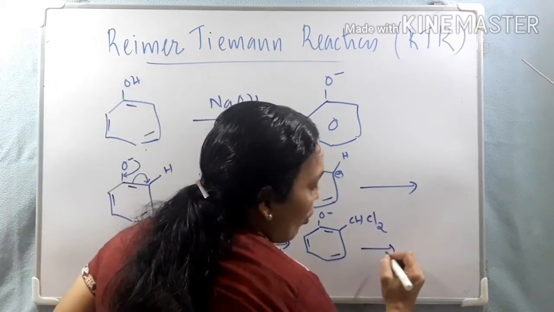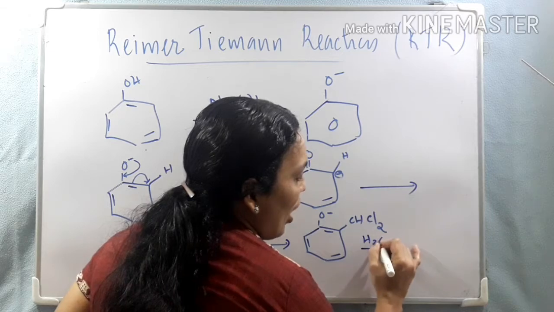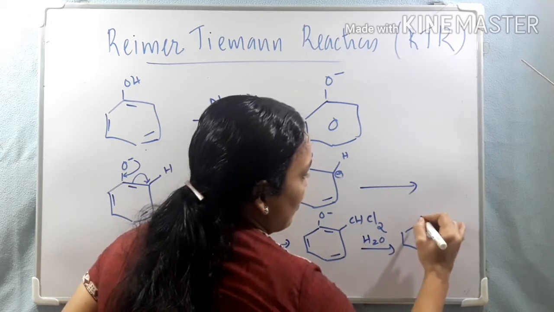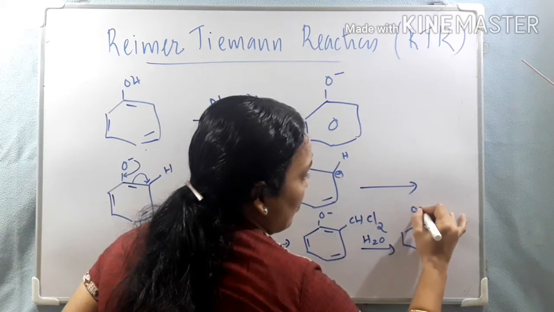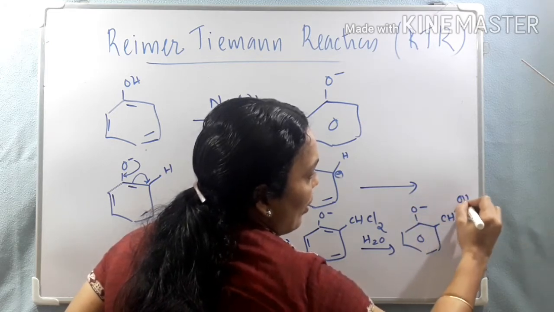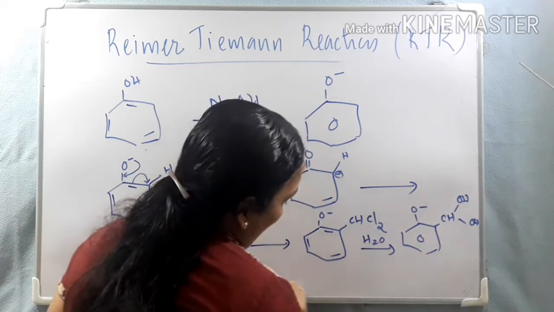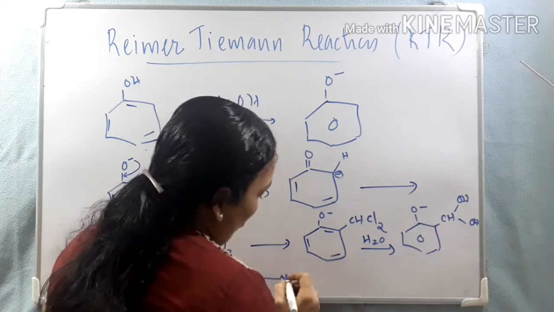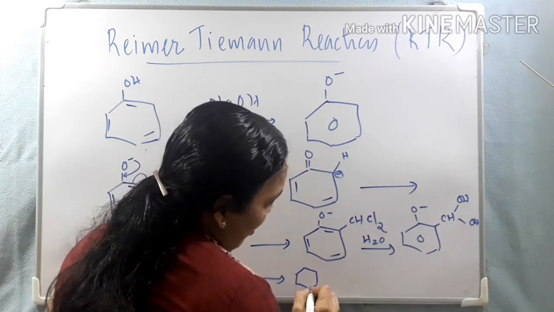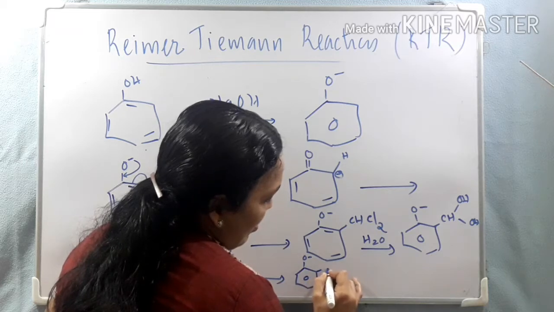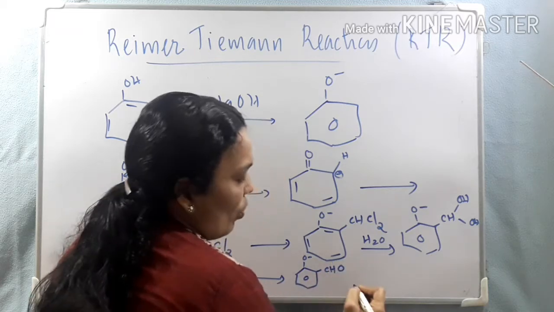Which on hydrolysis gives CH(OH)2. On heating, it releases one water molecule and forms O minus with CHO.